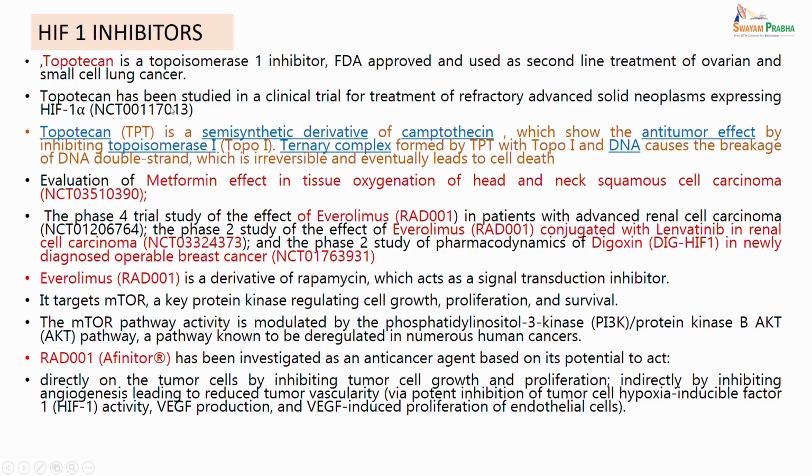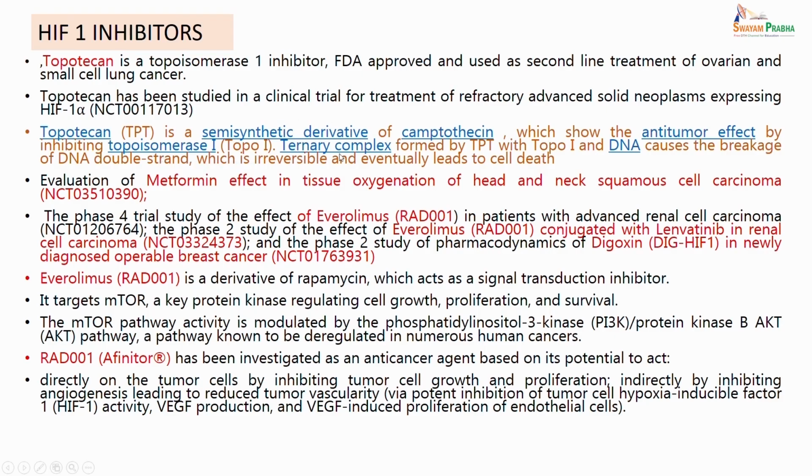So, this is a clinical trial. One can go through this clinical trial website and identify and understand this trial. Now, basically, topotecan is a synthetic derivative of camptothecin, which can show the anti-tumor effect by inhibiting the topoisomerase enzyme.